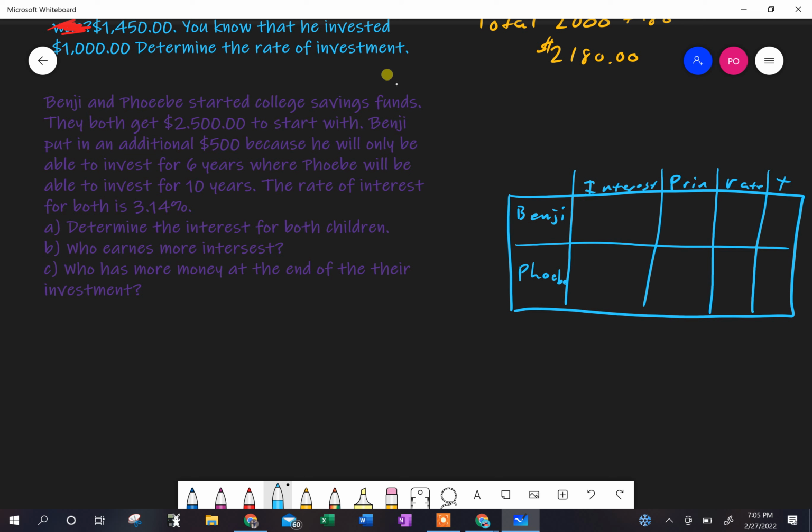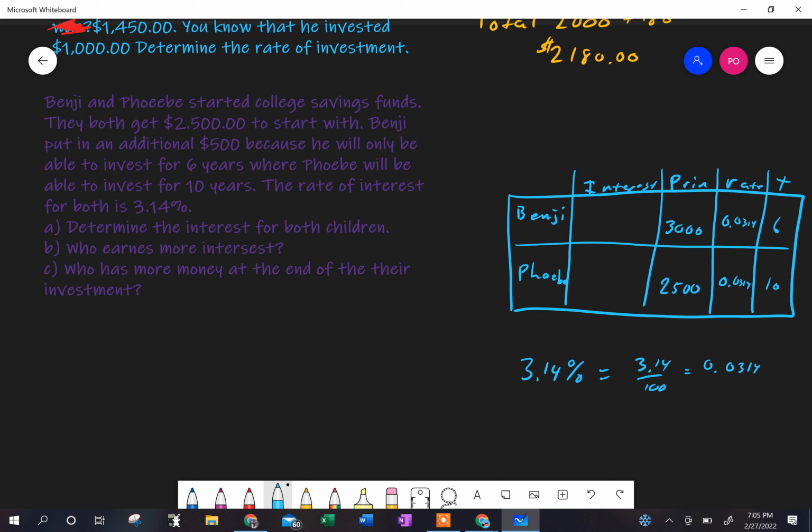So Benji is actually going to put in $3,000, and Phoebe's going to put in $2,500. Their rate is both 3.14%, but remember, we had to change this into a decimal, so we're going to take 3.14 and divide it by 100, which gives us 0.0314. And the time, well, Benji is able to invest it for 6 years, whereas Phoebe's able to invest it for 10 years.